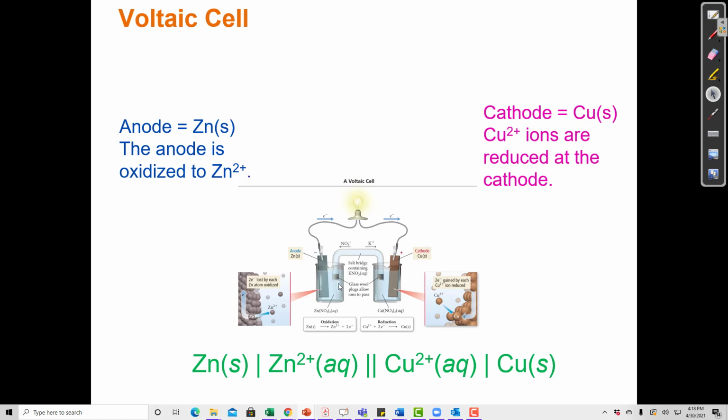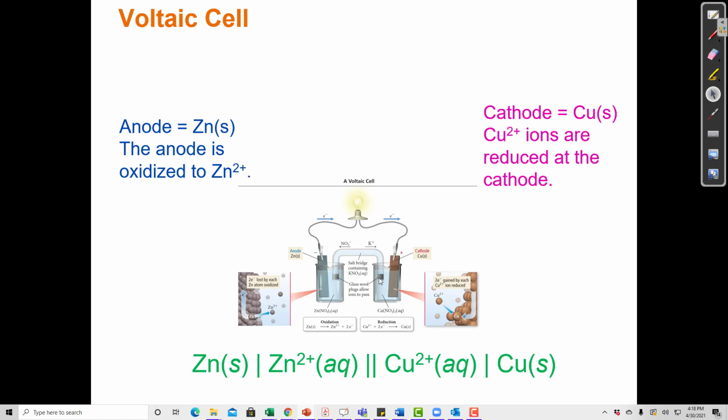In this case, the anode is on the left, and we know that because the electrons are leaving the anode. The anode is negative, the electrons leave there, that's where oxidation occurs, and the electrons are traveling towards the cathode, which is positive, it's attracting the electrons, and that's where reduction occurs. Those electrons get here and they will reduce something, because reduction is gaining electrons.